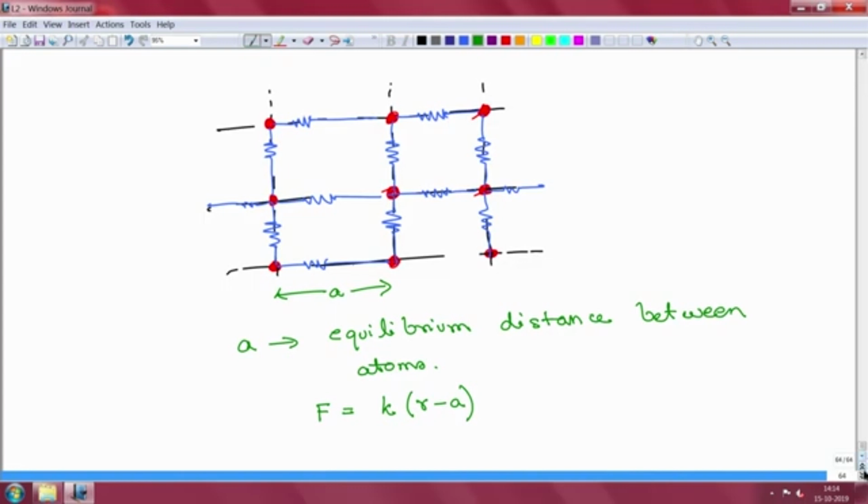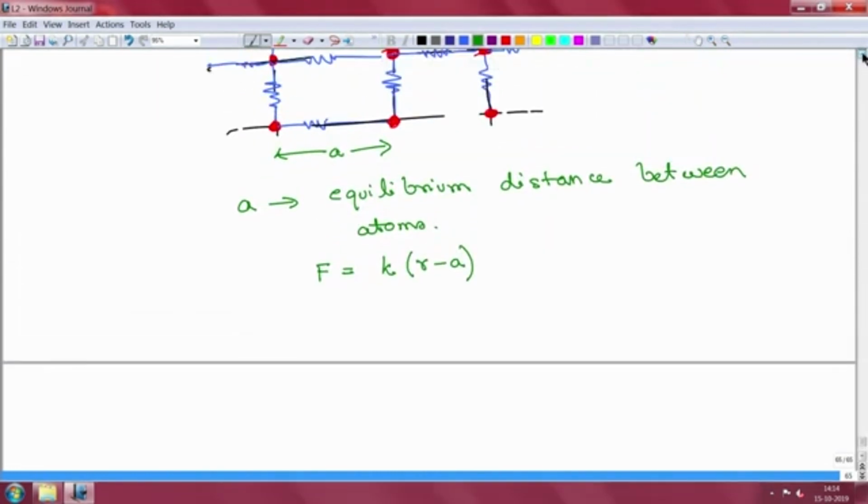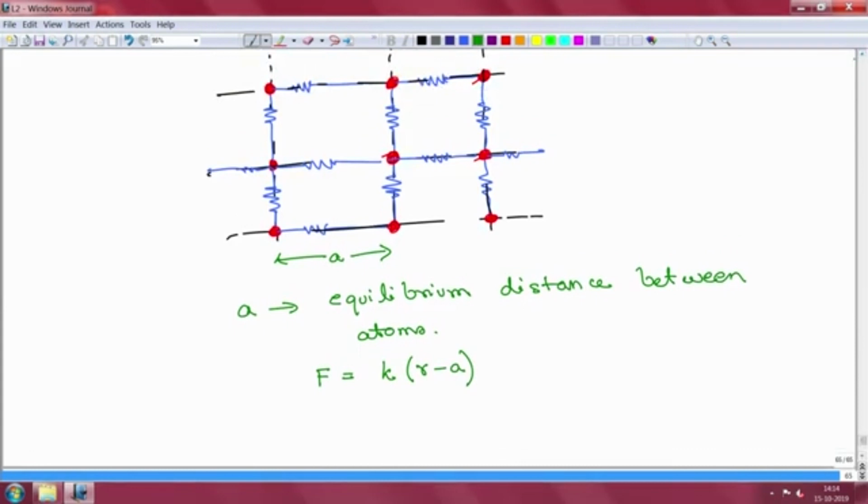So, now if we want to figure out how much is the stress, to calculate stress, so the stress is force divided by area. I am just making some very simple calculations. Okay. So, force divided by area, and here your area is given by a squared, right. So, your stress term is basically k (r minus a) by a squared.